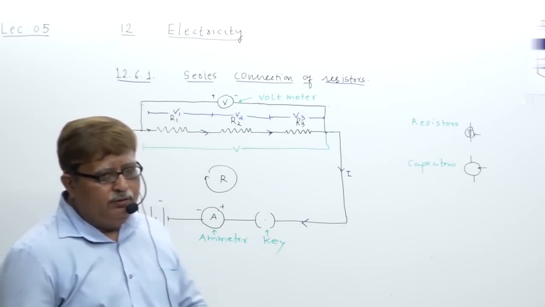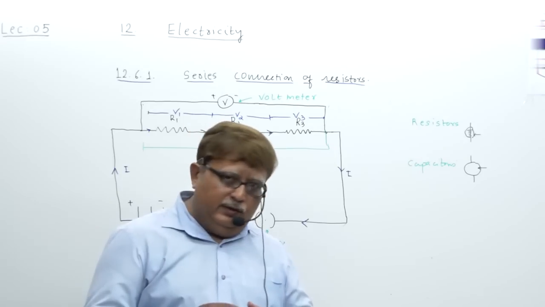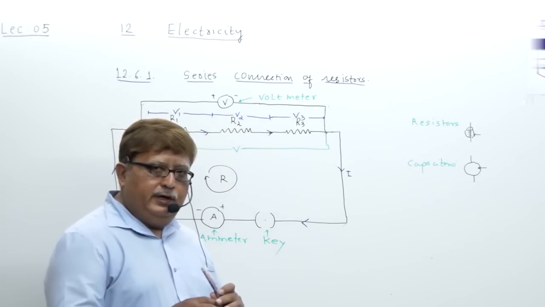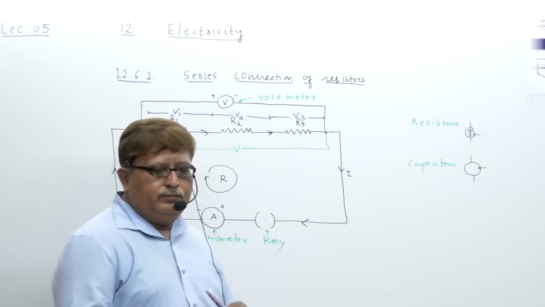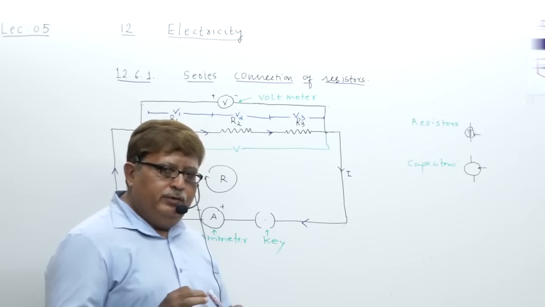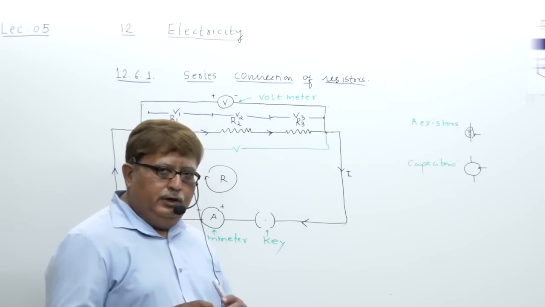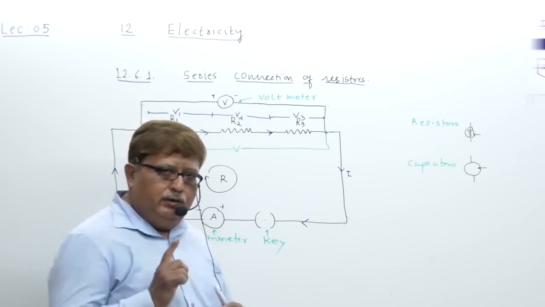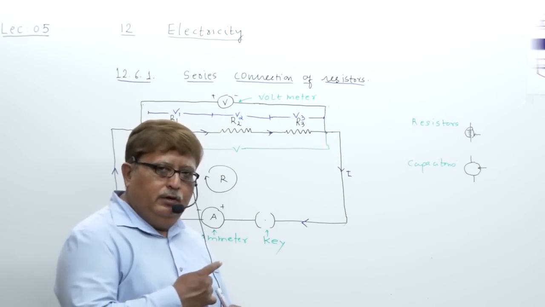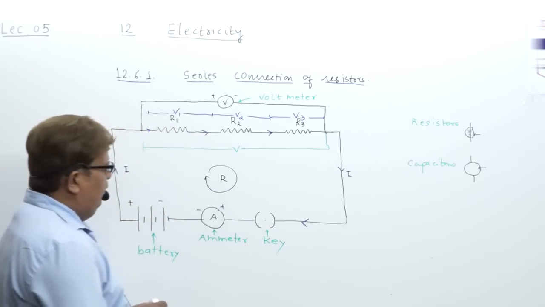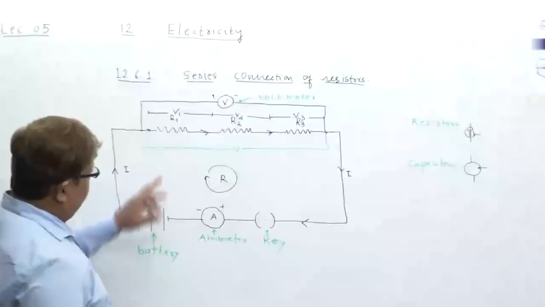That is what we are now trying to understand. Let us try to establish, or find, the formula of equivalent or total resistance of the circuit. Okay. Now my dear student, just try to understand.